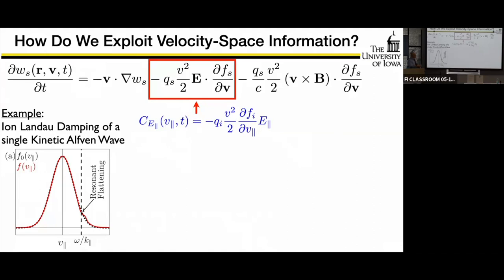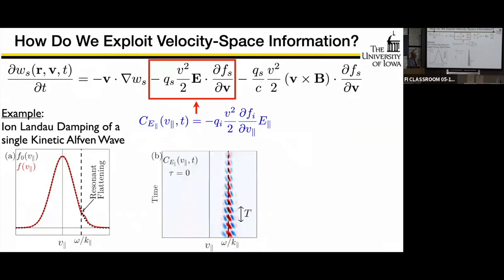What I can do is evaluate this term as a function of parallel velocity and also as a function of time vertically. And if I do that, and this is actually simulation results, I will get a picture that looks something like this. There's sort of oscillation. Red is transferred to the ions, blue is transferred from the ions via the parallel electric field, and you get that.